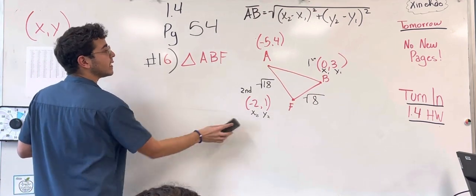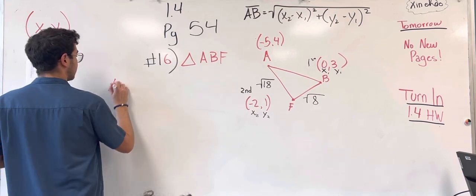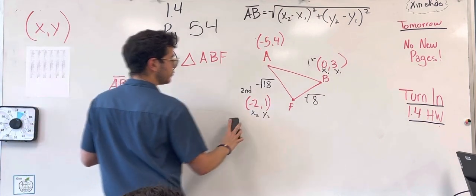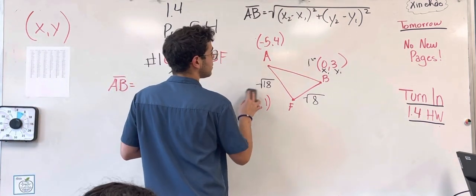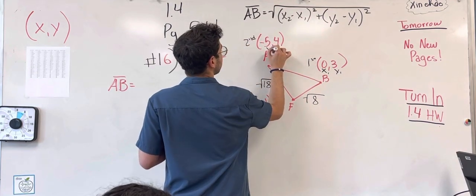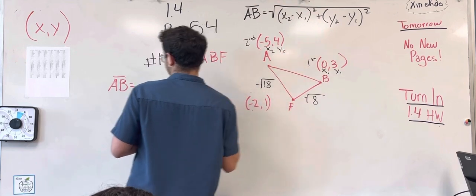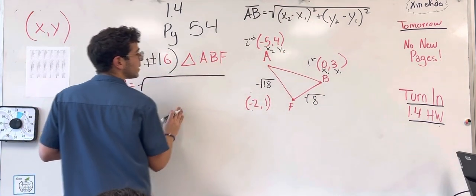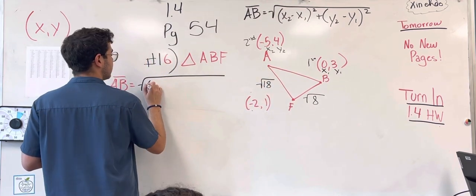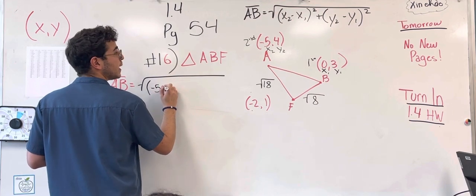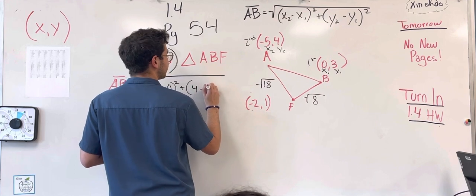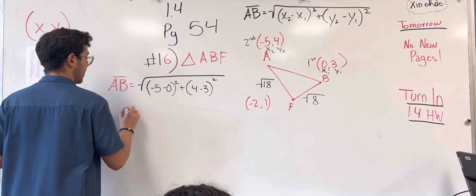Let's go ahead and use the third one. AB? Yep, AB. For this one, we will use this one as the first point, and this one can be the second. We have x2, negative 5 minus 0 squared, plus y2, which is 4 minus 3 squared.